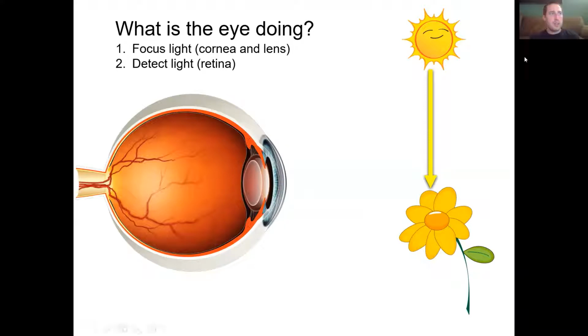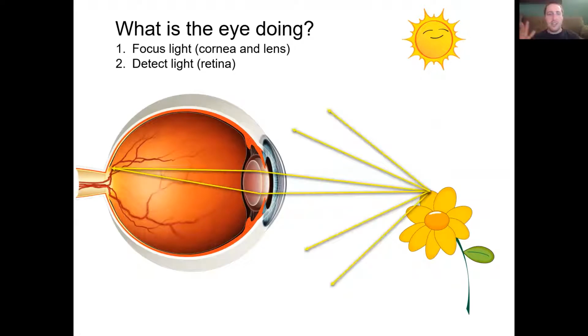So first we're going to look at focusing the light. Why do you need to focus light? Well, when a light source, like this happy sun here, shines its light down onto an object, this flower, the light diverges in all directions. It bounces off the flower, it diverges in all directions. A few of these rays of light might enter my eye, but they're still diverging.